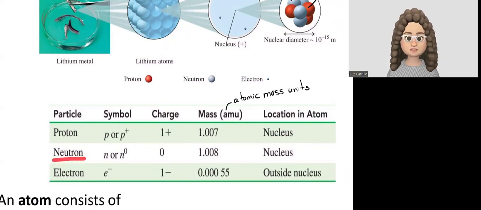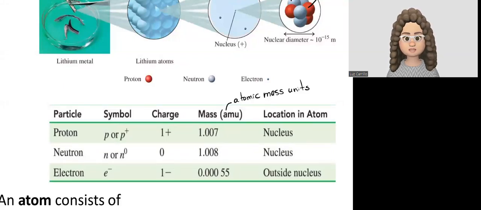Neutrons, as you can see in the middle, which are also located in the nucleus, are symbolized by an N or an N to the 0. They have a charge of 0, so essentially they have no charge, and their mass is 1.008 AMU. So the mass of protons and neutrons is very similar.